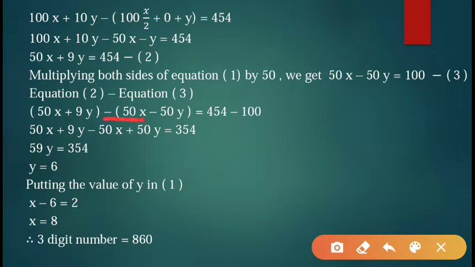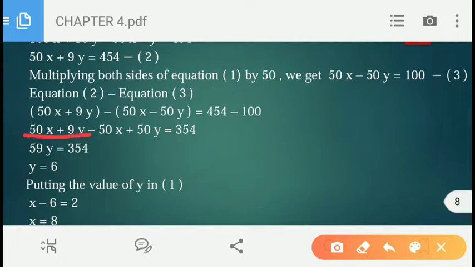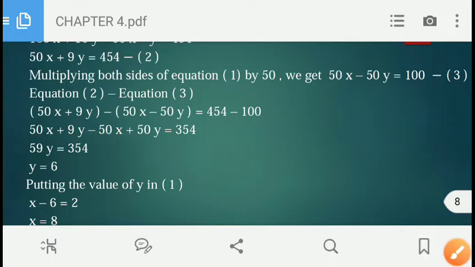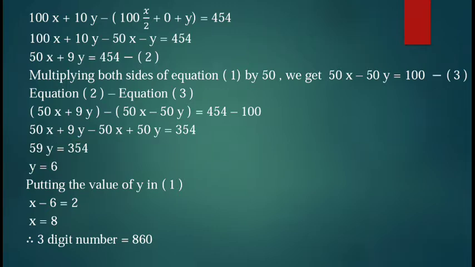Then this will become minus 50y, and this minus 50y will become plus 50y, and when you subtract you will get 354. Clear? Now 50x minus 50x, both can be cancelled. 9y plus 50y, when you add, gives you 59y is equal to 354.